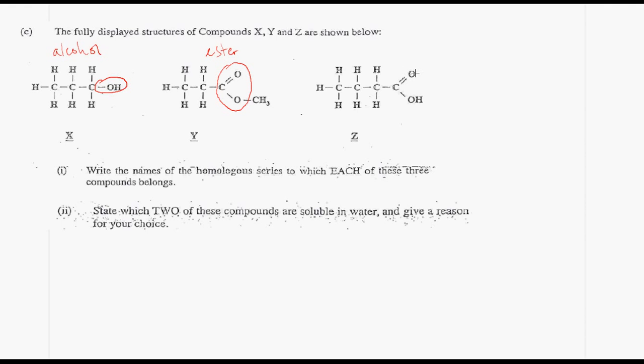And in case of compound Z, we have this group here, which is the carboxylic acid group. Alright, so write the names of the homologous series. So compound X is an alcohol, compound Y is an ester, and compound Z is a carboxylic acid.